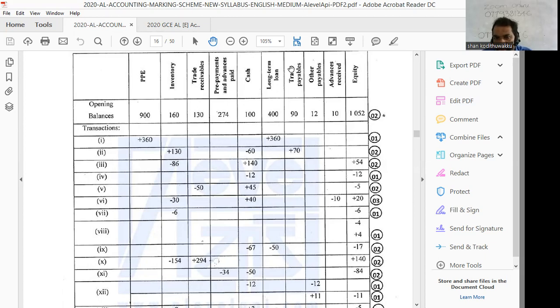It comes under trade payables. Then your trade payables will increase by another 70. That's why I have put plus 70. Right. Then you are getting 2 marks. Right. Then we'll move to the next, adjustment number 3.